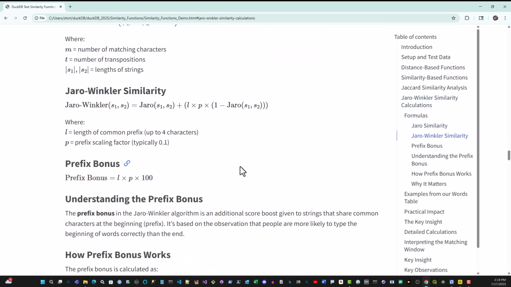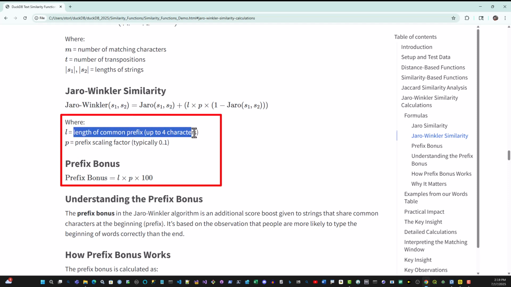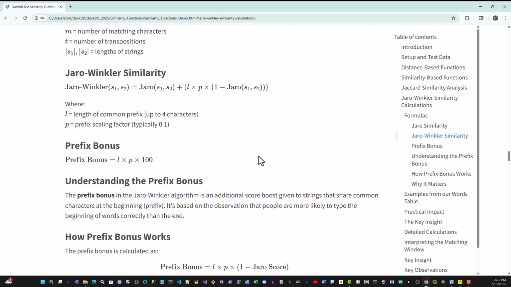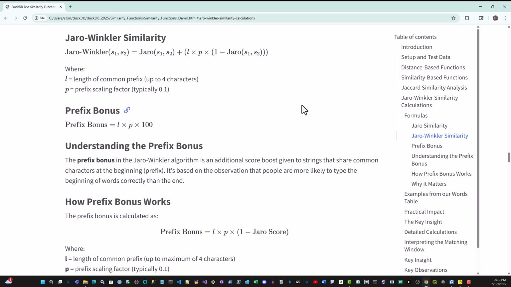Now, if you look a little further down here, you can see that you can calculate this prefix bonus by taking the length of the common prefix up to 4 characters times p, which is the prefix scaling factor, which is typically 0.1, times 100. So that gives you this prefix bonus. So that becomes part of how good the score will be, this prefix bonus.